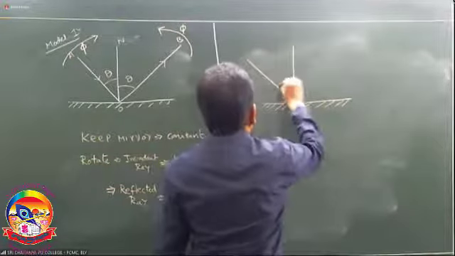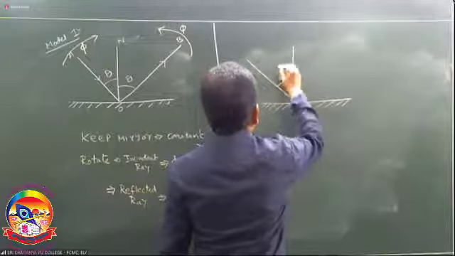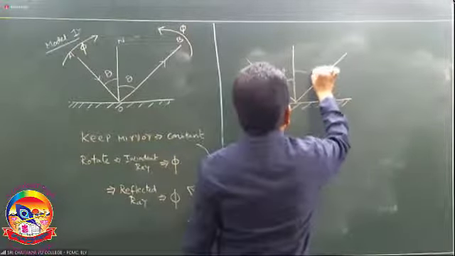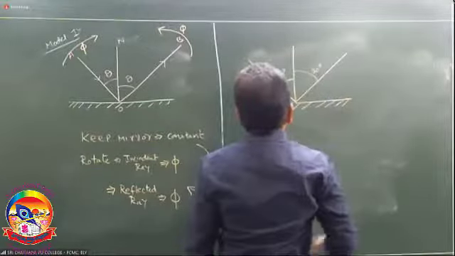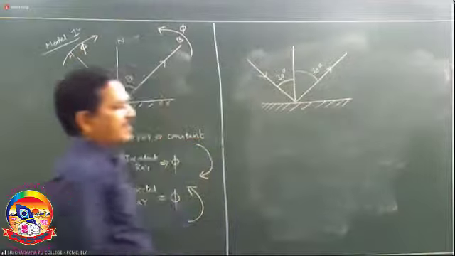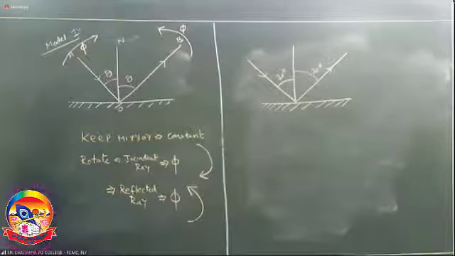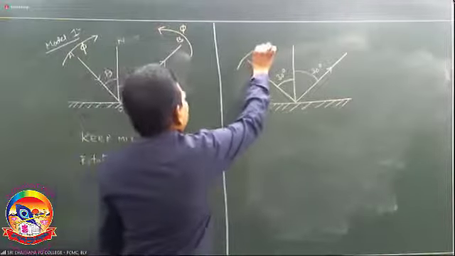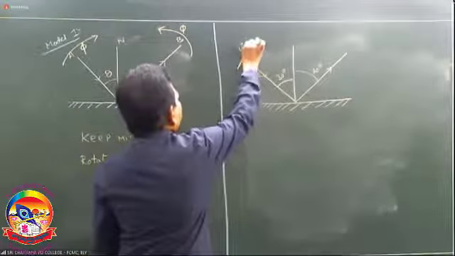So the angle of incidence is 30 degrees. Automatically, the angle of reflection will also be 30 degrees, because the angle of incidence is equal to the angle of reflection. In the problem, it is given that the incident ray is rotated by 10 degrees.